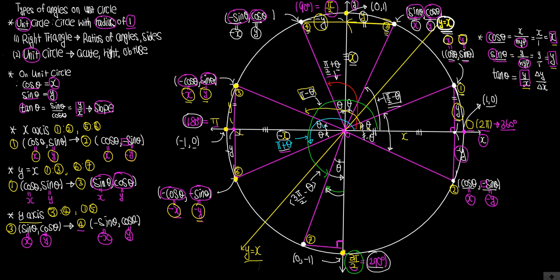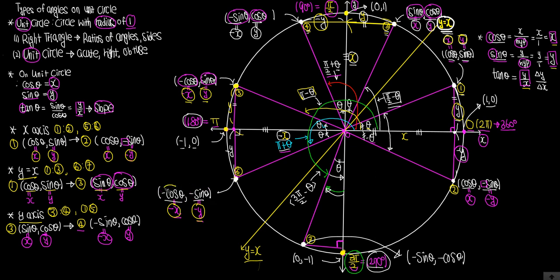So that means the original 6th coordinate, which was negative cosine theta, negative sine theta, will get switched into negative sine theta, negative cosine theta. And what happened is, using our property of y equals x, from cosine theta and sine theta, it will get switched as sine theta and cosine theta with the same sign of x and y value.